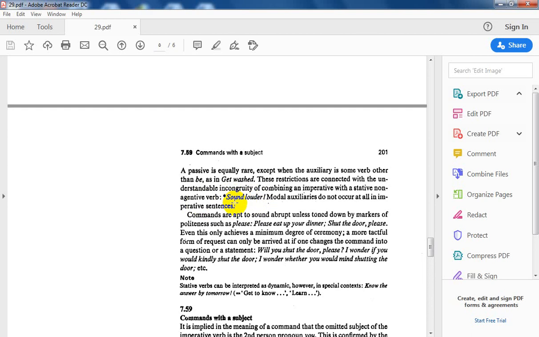When I ask you, for example, Ahmed, sound louder, how come? Sound louder is something non-agentive, something stative. Note, students, that the command or the imperative is one of the tests used to test whether the verb itself is stative or dynamic.